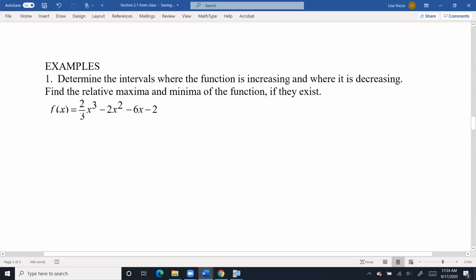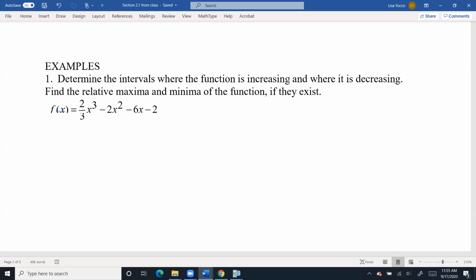And you have those steps written above to refer to. All right. So given this cubic function, we want to know where the function is increasing, where it's decreasing, and find the relative maxima, that's plural of maximum, and minima, plural of minimum, because you can have more than one.